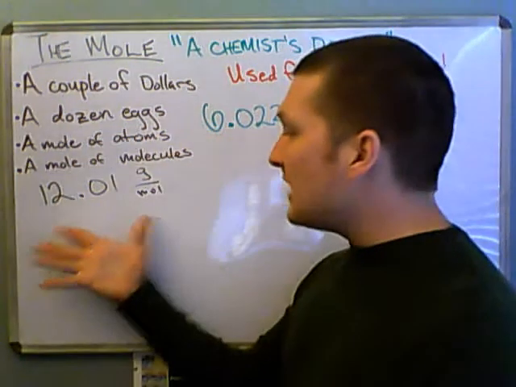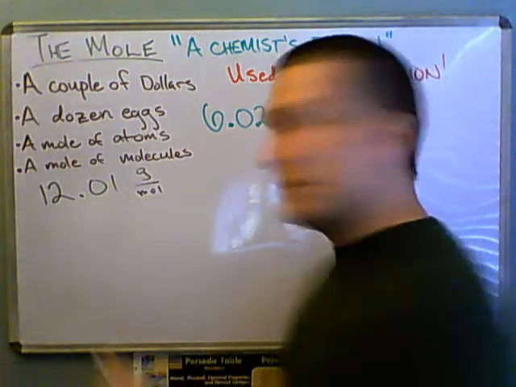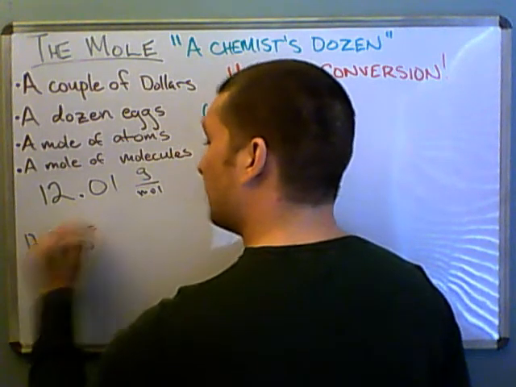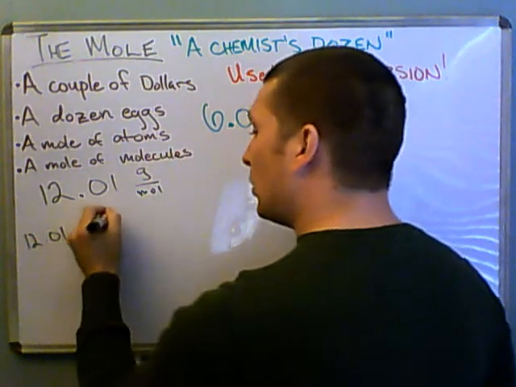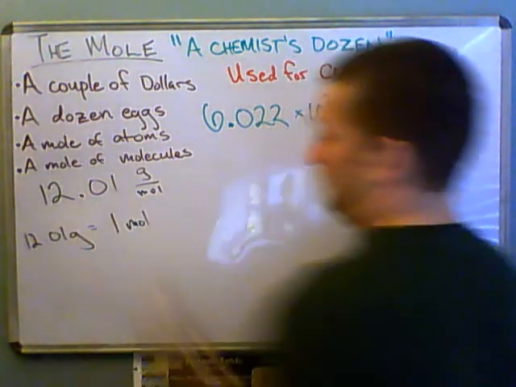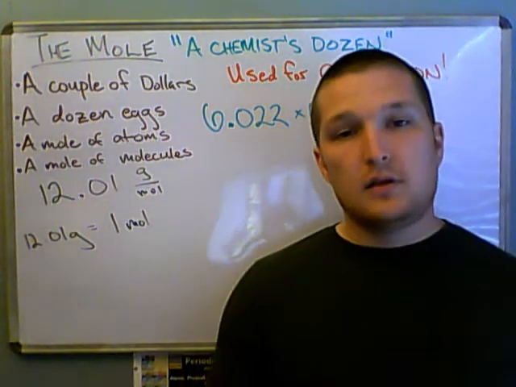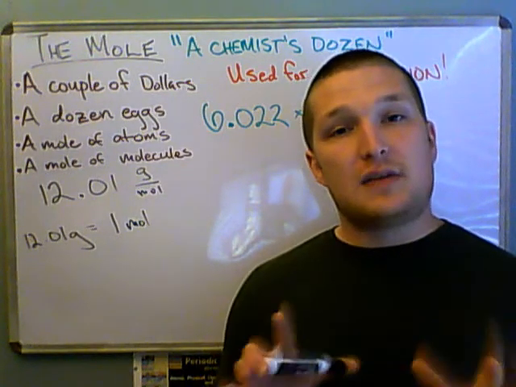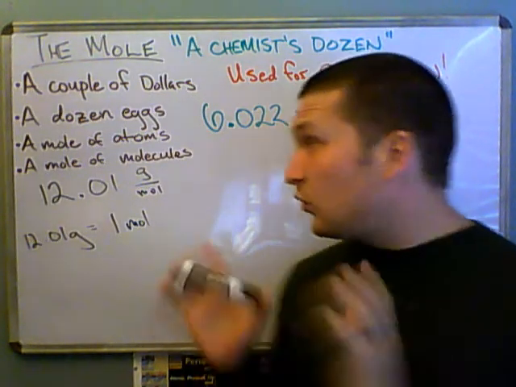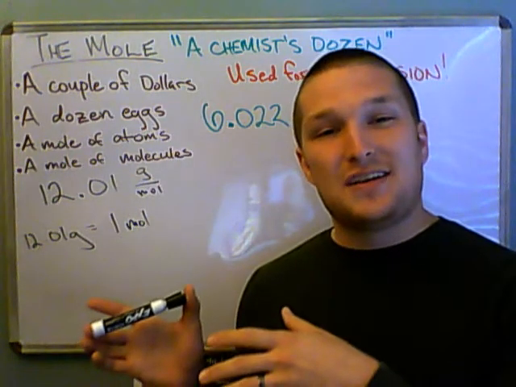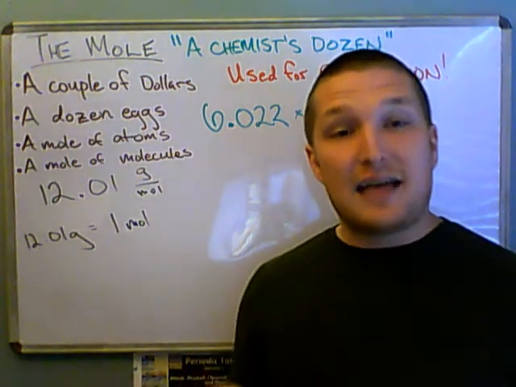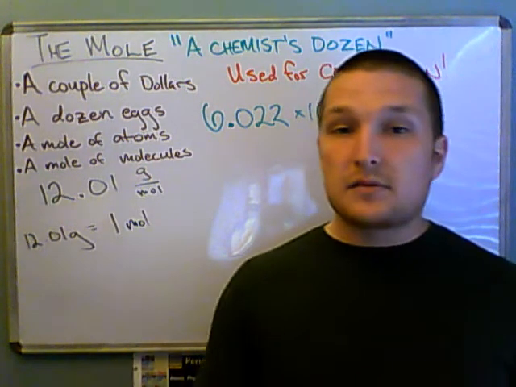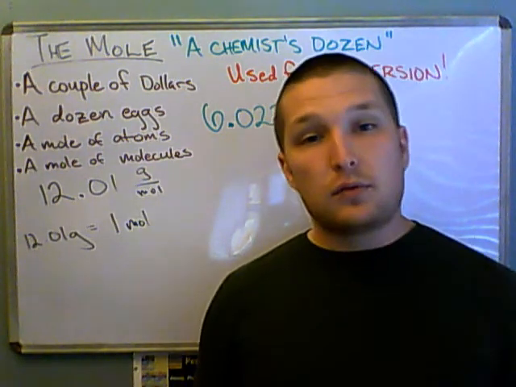You could think of this as a conversion ratio. So if you have 12.01 grams of carbon, that's going to equal 1 mole of carbon. So that's what that number means. We're going to use that in stoichiometric equations with dimensional analysis to convert between grams and atoms. And the mole is the way that we go through that.